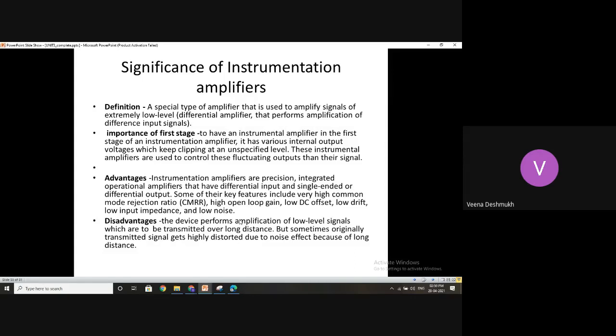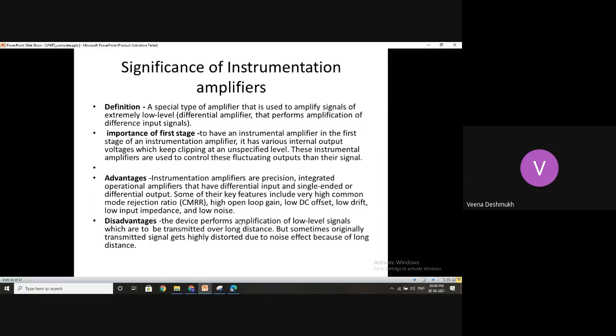In the first stage, immediately after the sensor element is connected, it senses the signal. It can be in the form of voltage or current, or it can be a variation in resistance, which in turn gets converted to either voltage or current.